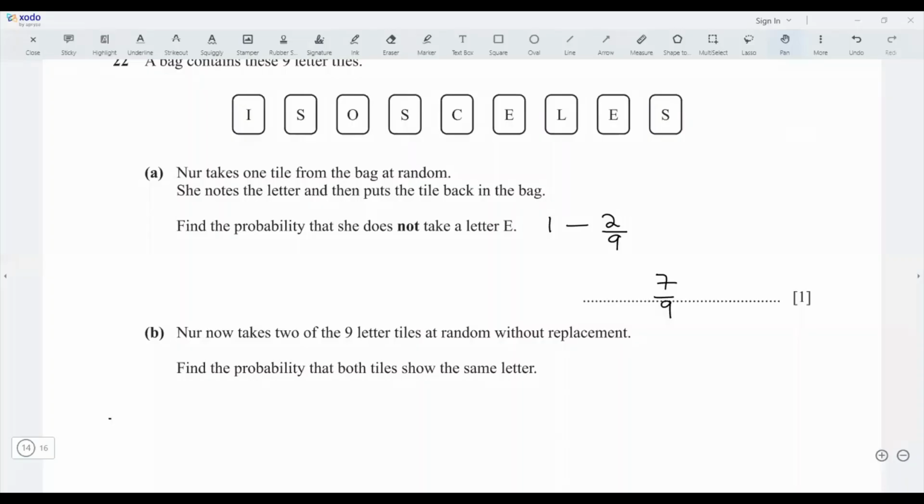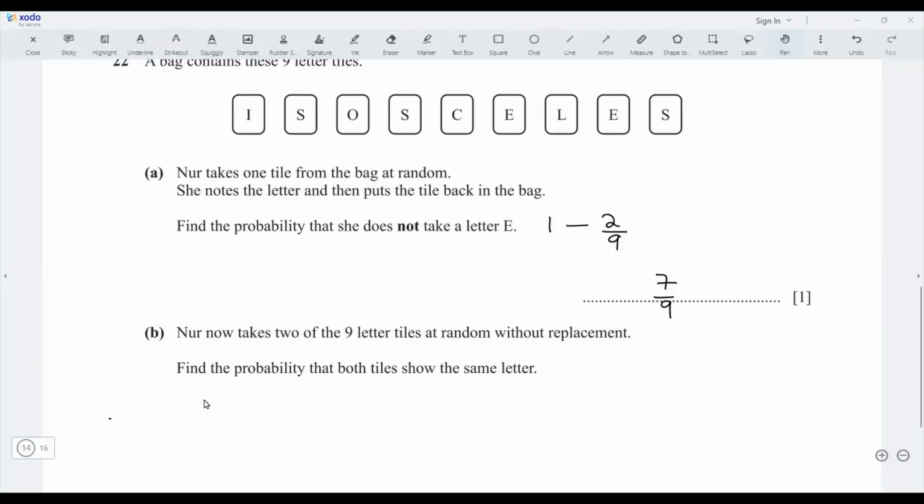In the very next part, in part B, Noor now takes 2 of the 9 letter tiles at random without replacement, and we find the probability that both tiles show the same letter. So what we have to look at is that the total tiles are 9 and it is a without replacement question, and both tiles have the same letter. So which letters are repeating? S is repeating 3 times.